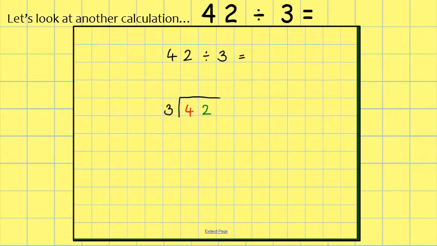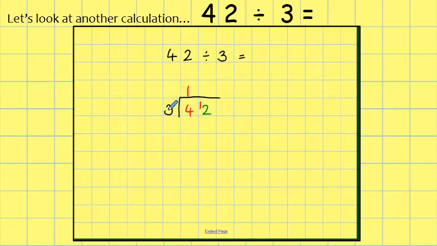So ask yourself, looking at the 10s first, I've got 4. How many lots of 3 are there in 4, and how many are left over? Yeah, I've got 1 lot of 3 in 4, and that's right, 1 left over, which we pop there. We carry that 1 left over into the ones column.